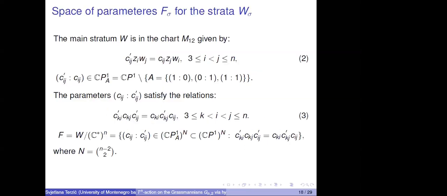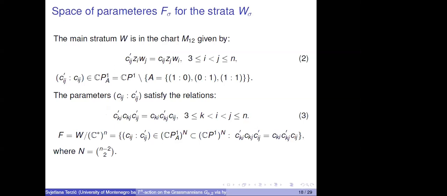The second thing is we want to describe the space of parameters of the strata. The first is the main stratum. The main stratum belongs to any chart. Here charts are parameterized by M_{ij}, where i and j are some numbers from 1 to n.